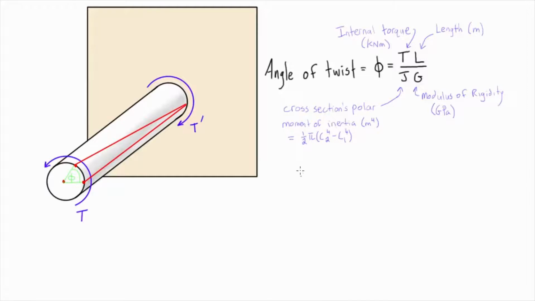If we draw an image here of the cross section inside the rod, with a green line that goes horizontally and a blue line that goes vertically, then this is the original undeformed position, and we can place that right here where it connects to the wall. When we twist it at the end of the rod here, the angle of twist that we're getting is equal to this angle here, phi.